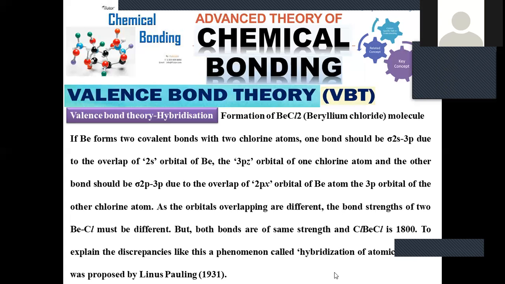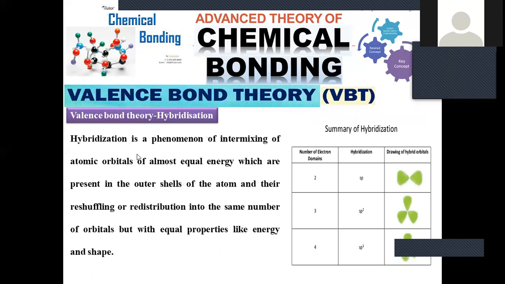So uniformity is observed after the hybridization of these atomic orbitals, the concept given by Linus Pauling in 1931. Here, hybridization is the phenomenon of intermixing of atomic orbitals of almost equal energy which are present in the outer shell of the atom. Their reshuffling or redistribution into the same number of orbitals, but with equal properties like energy and shape.